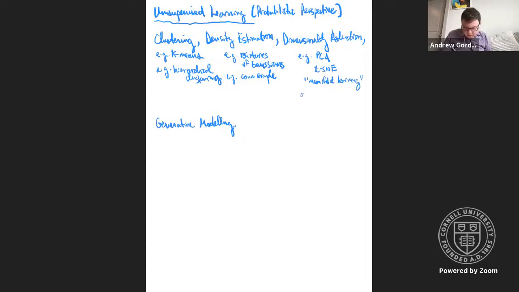If you want other types of nonlinear dimensionality reduction, you can use neural network models called autoencoders. So lots of examples. And generative modeling, some of you may have heard of GMMs, variational autoencoders, models called normalizing flows.